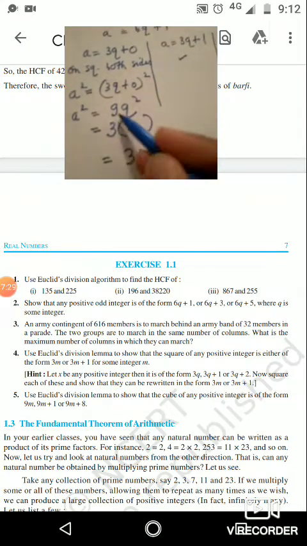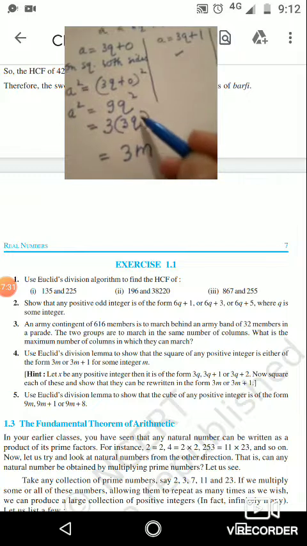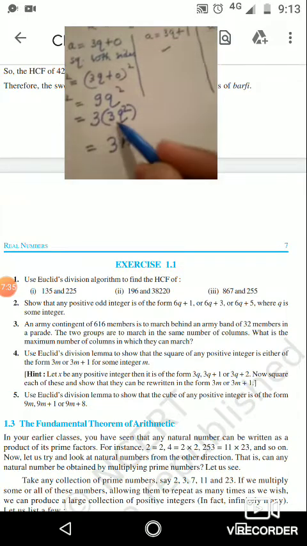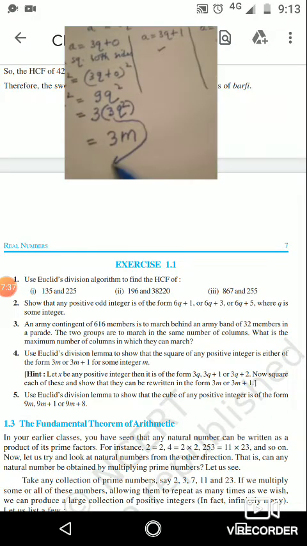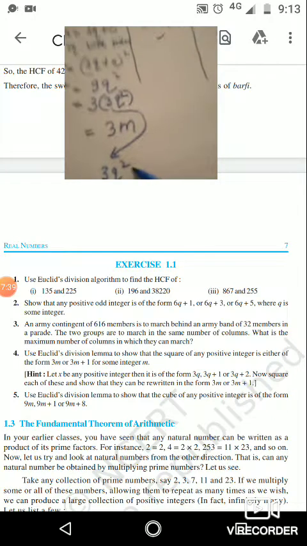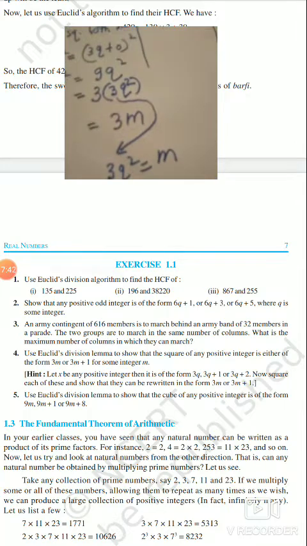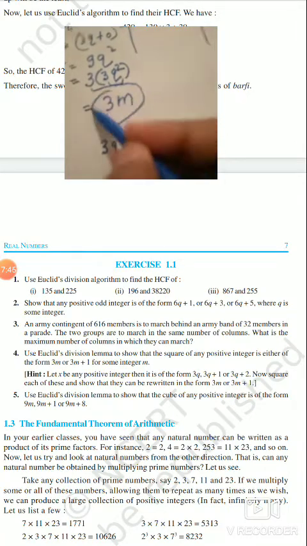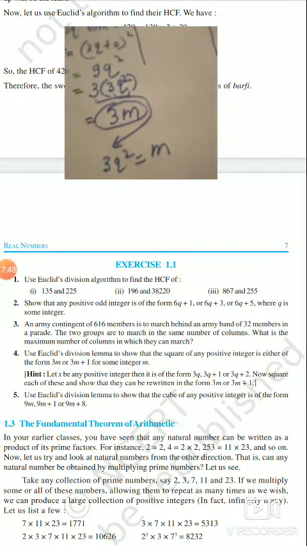The remainder is 3q square. Now how will it become 3m? For that we suppose this 3q square as m. So it becomes 3m. Now the first part is proved.